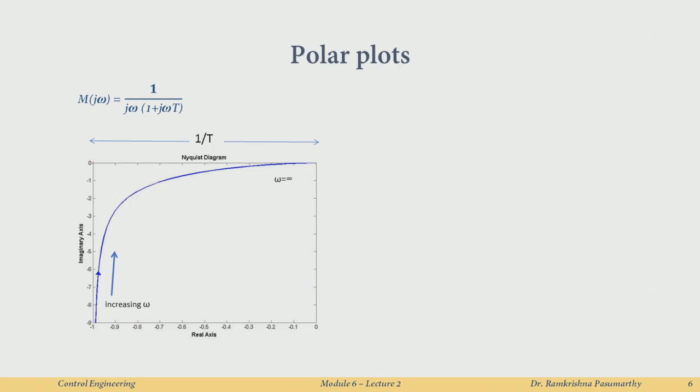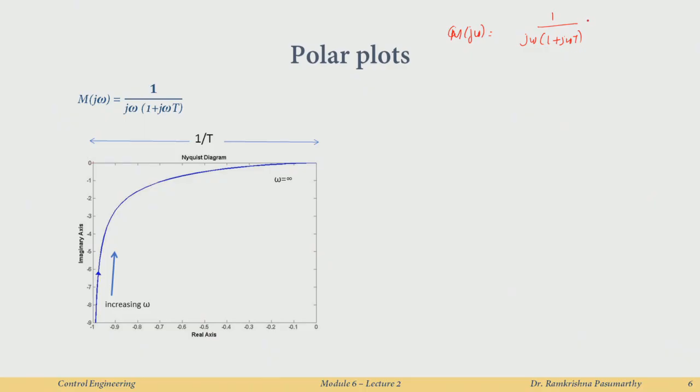Okay, so for this guy, I just add a pole to the previous transfer function. So what do I get here is, well, let me see how I can analyze this. So I have m of j omega is 1 over j omega times 1 plus j omega t, right.